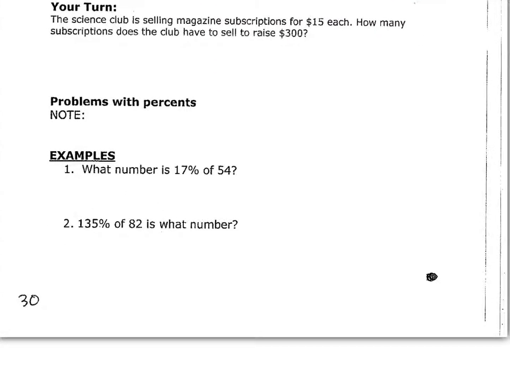Okay, so this time it says the Science Club is selling magazine subscriptions for $15 each. How many subscriptions does the club have to sell to raise $300? Let's go ahead and set up an equation. We know that the subscriptions are $15 each, and we know that they have to raise $300. So that's our equation.